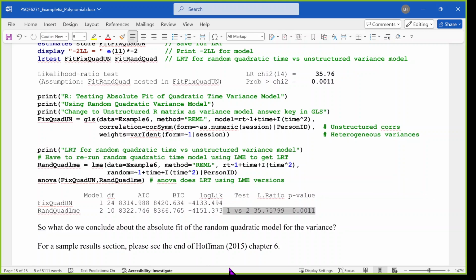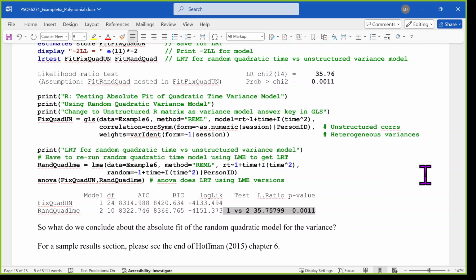Survey says the comparison is significant. What's that tell us? Good news or bad news? Yeah, not good enough.